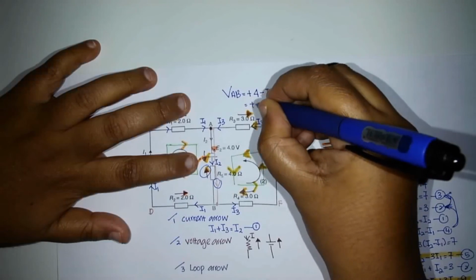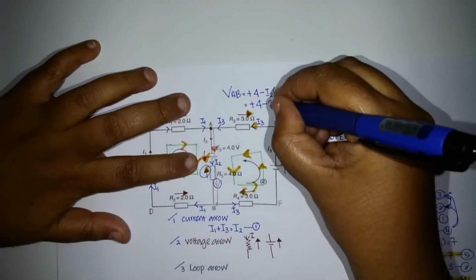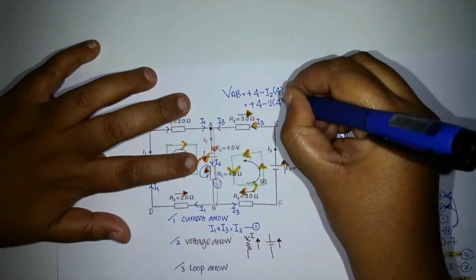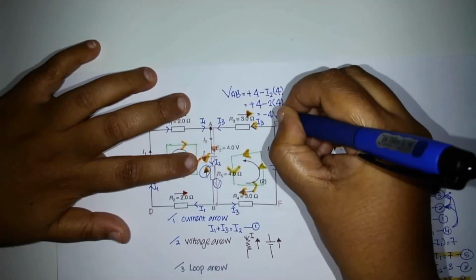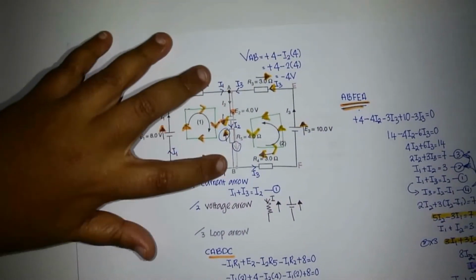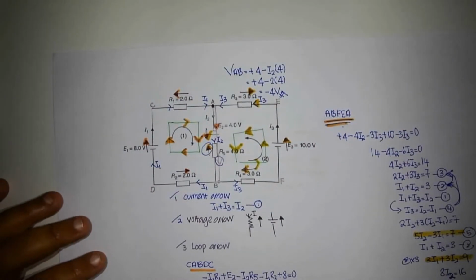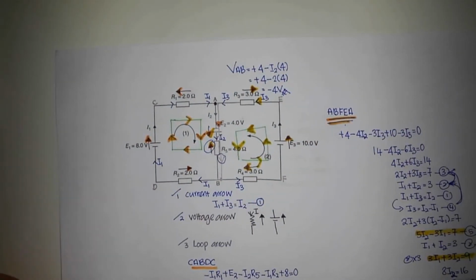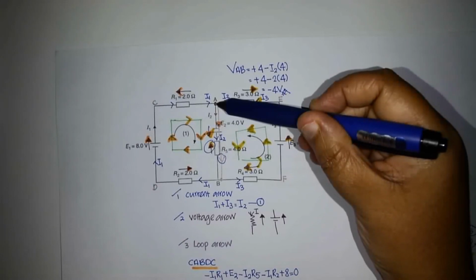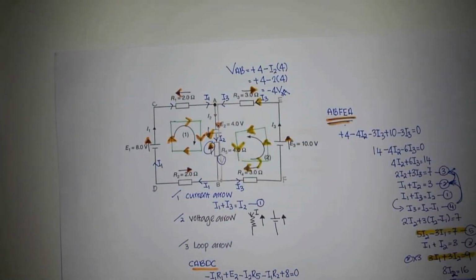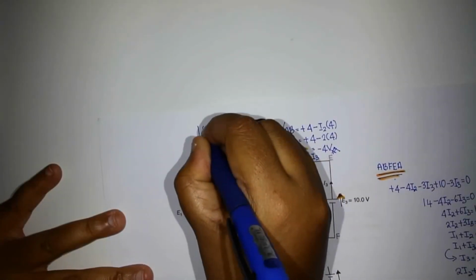So you substitute the values: positive 4 minus I2, which is 2, times 4 is 8. So plus 4 minus 8 is negative 4 volt. So VAB is negative 4 volt. This is the potential difference between A and B. Alright, so that's all, class. Example 15.6.